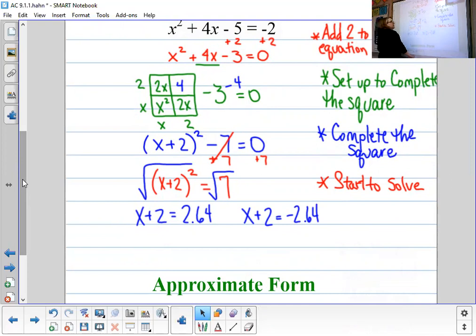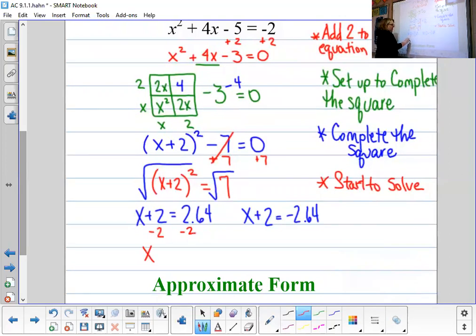Okay, how do I get rid of +2? Subtract 2, and that gives me x is approximately 0.64, or if I subtract 2 here, I get x is approximately negative 4.64.